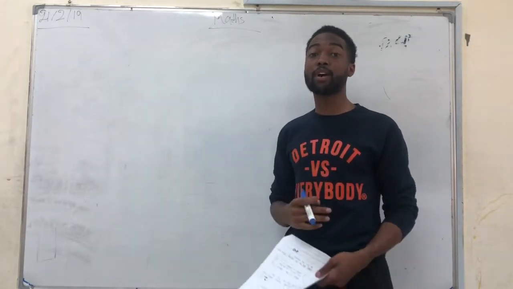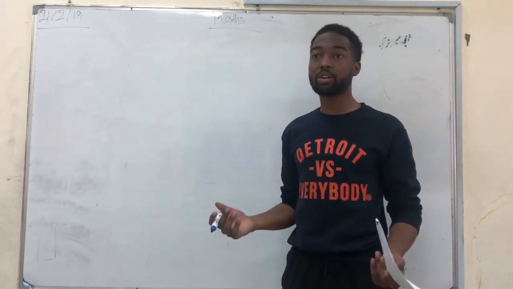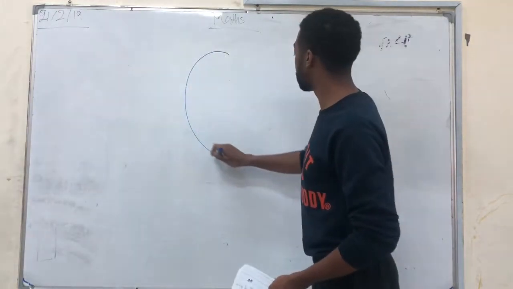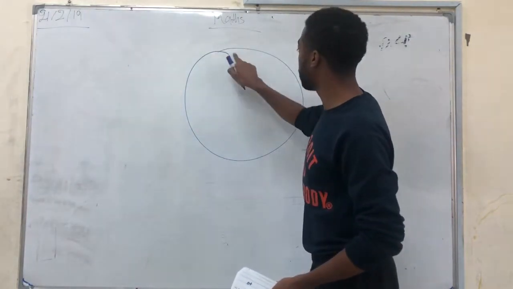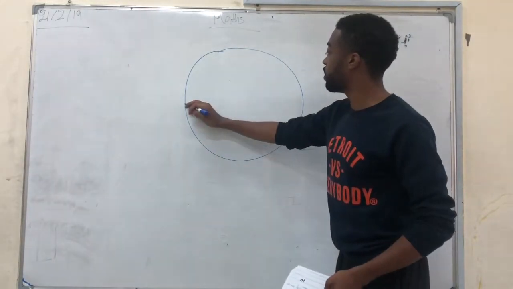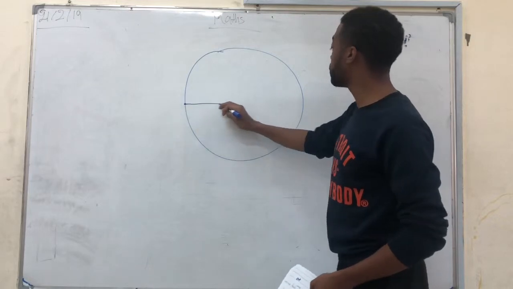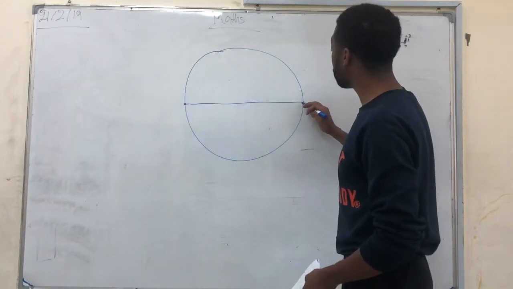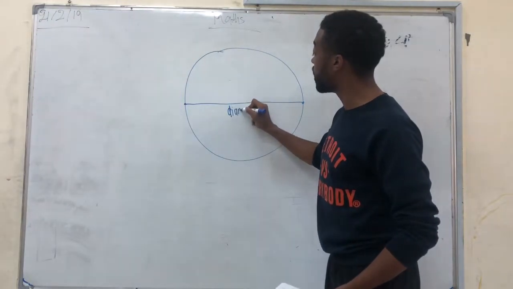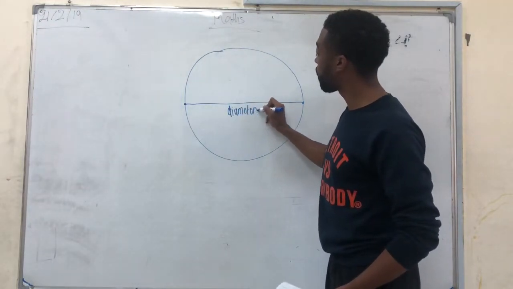So next, let's find the radius of a circle and also label the parts. Okay? Here's my really big circle. There's a line that goes from this point all the way over to the other end. That is called the diameter. Okay?